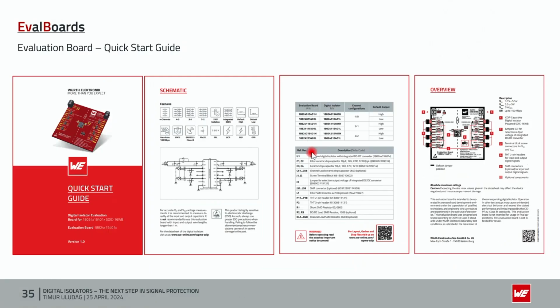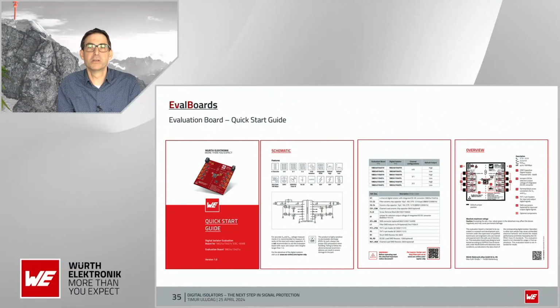It shows you the complete bill of material and explains all the functional units on this board. The good thing about the bill of material is that if you need any part in addition, you have the order code, and you can very quickly get a sample of it through our online catalog.